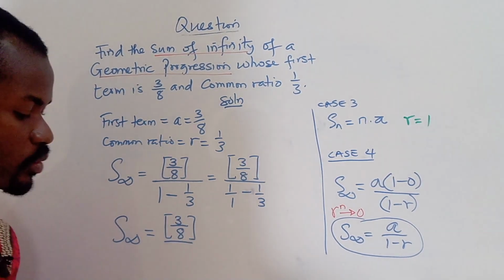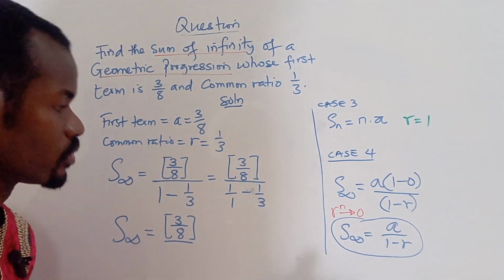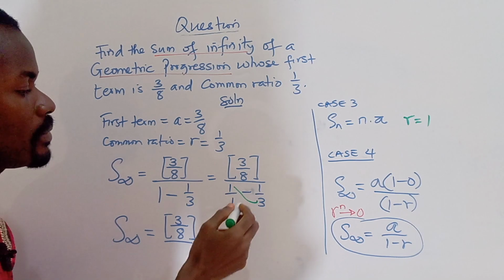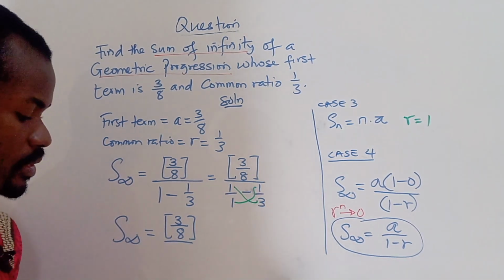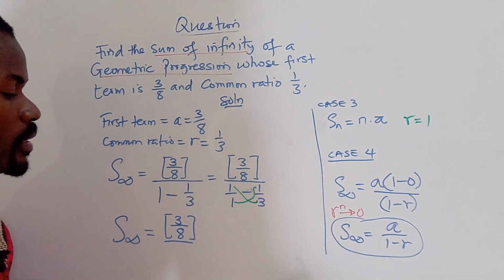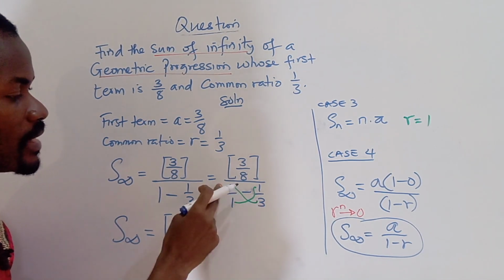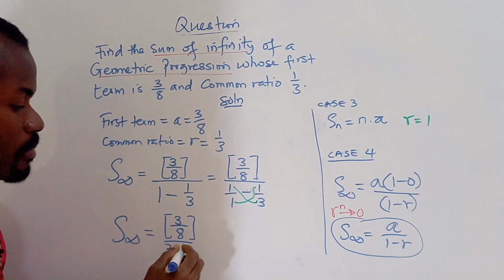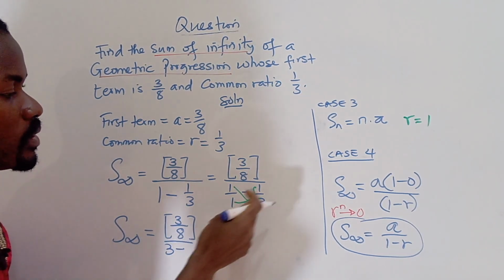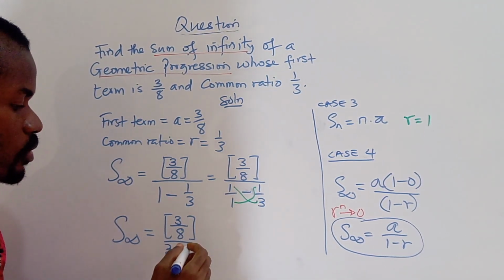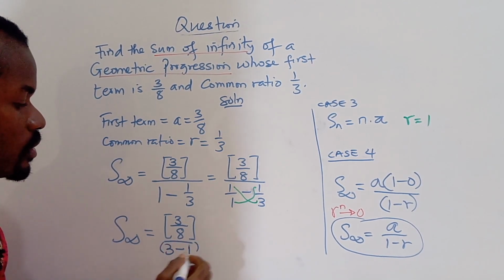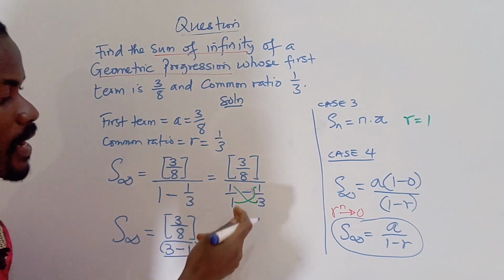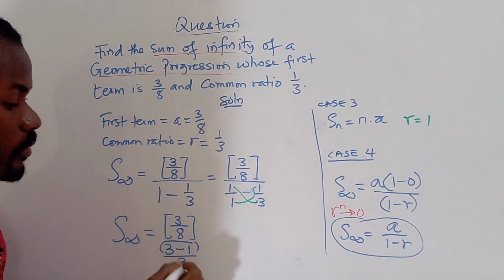For this, we are going to use the cross multiplication method. So this will times this and this will times this. We always start this way. So we have 3 times 1, which is 3, minus 1 times 1, which is 1, all divided by 1 times 3, which is also 3.